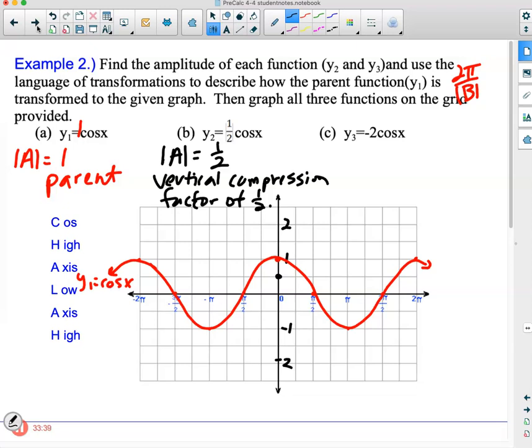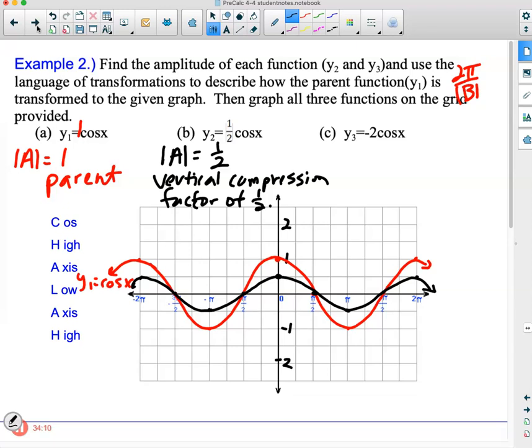So starting high means it's going to start at 1/2 instead of 1. But 0 times anything is still 0. So any of those that landed on our x-axis, they're staying exactly where they were. And nice smooth curve, that one. And we'll label that one.